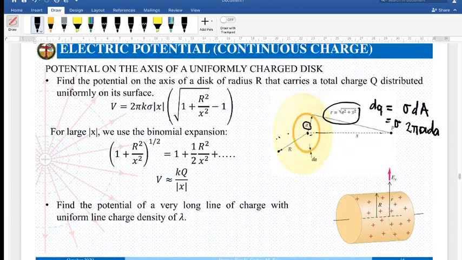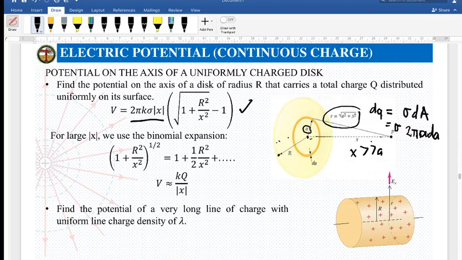If you take x out as a common term from both terms, we get the expression. Using this expression, we have to check if x is very large compared to the radius, because we have to note that it should coincide with our expectation that the disk behaves like a single positive point charge. Okay, so let's see.